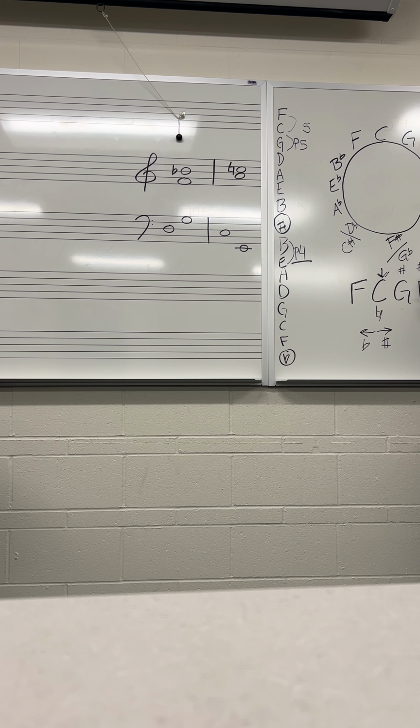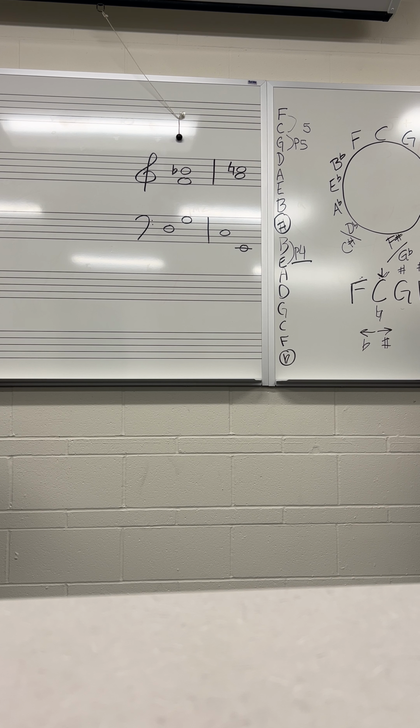So let's look at D. D has 2 sharps in the key signature because it's 2 notes up the circle of fifths, or the line of fifths, from C. If we were to go back 1, we're going to skip that 1, and 2, F and C would be your sharps because you're taking the last sharp and all the sharps behind it. Let's look at E. E would have 4 sharps in the key signature.